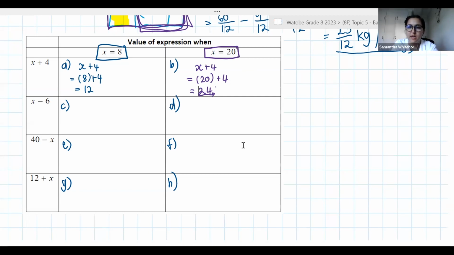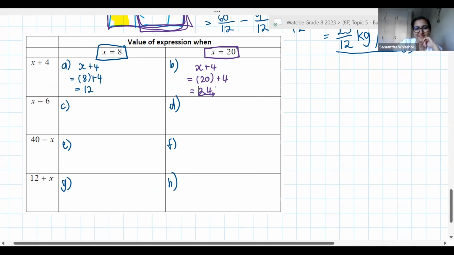Good, guys. You're doing really nicely. Well done. Keep it coming. Wow, we're already on number D. Let's go, my people. We can do this.